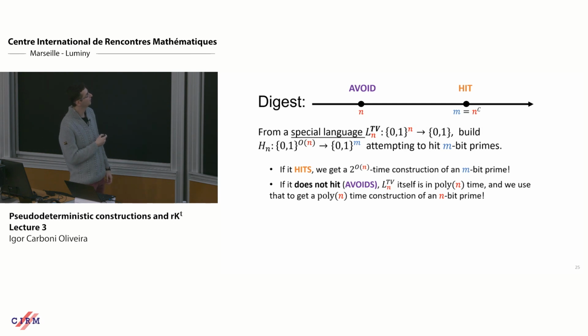We instantiated the hitting set generator with polynomial stretch. And in the case hit, this is a good hitting set generator, and we can find an n-bit prime in time 2 to the n. In the other case, which is the avoid case, now the hard language can be computed in polynomial time. And we can use this hard language that is p-space complete to find an n-bit prime. Okay, so we are now on this input length here.